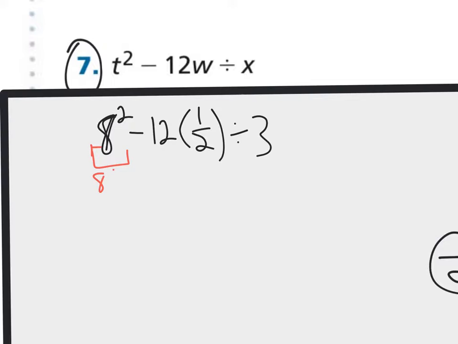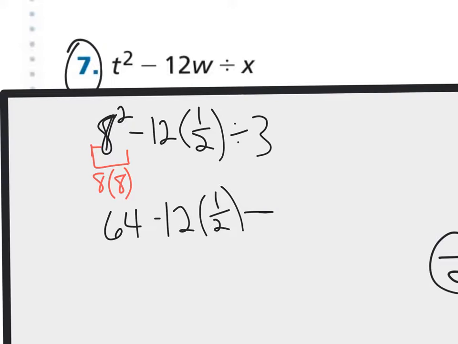8 squared means 8 times 8. We can make a little note to ourselves what's happening there. That'd be 64. Okay, so next we would do the division here actually.